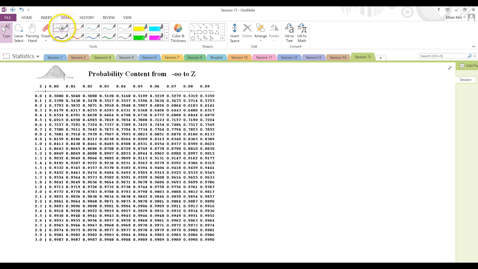For example, if you're looking for the probability that Z is less than or equal to, say, 1.76, then you would go to 0.7, and this column right here. The answer is 0.7764.